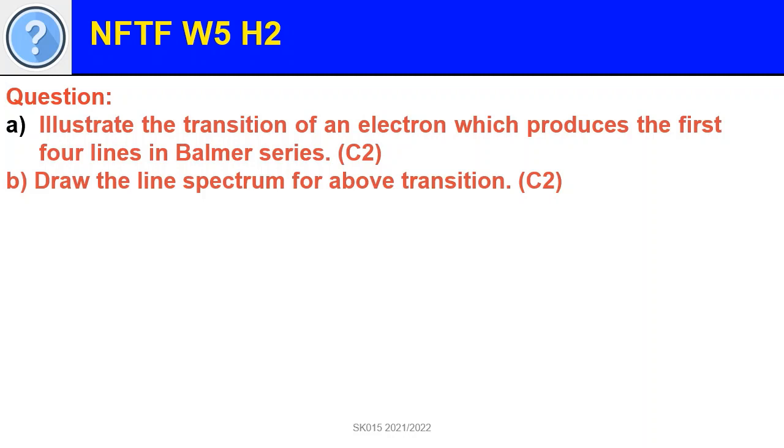So bila dia cakap the transition of electron, you know what you have to draw here is the energy level diagram, right? So, lukis energy level diagram untuk illustrate the transition of an electron. And bila dia kata the first 4 lines in Balmer series, that means you only have to draw energy level diagram untuk Balmer series lah.